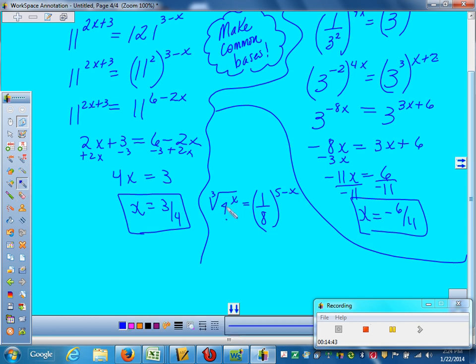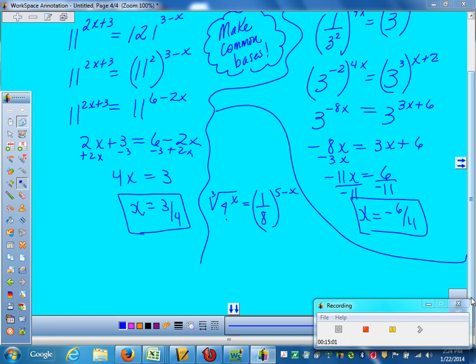You could cube both sides. I'm a little leery of telling you that because there's lots of room to make error doing that. How can you rewrite a root as a power? It turns to a fraction, doesn't it? However, I would recommend first we find the common base.